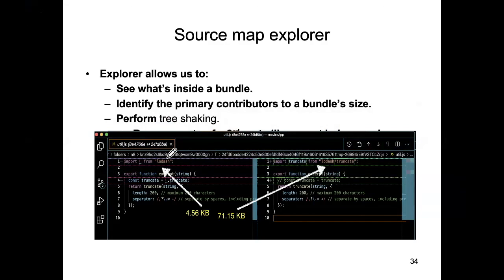If I import the entire module, that means my bundle is going to contain 71 kilobytes consumed by this large third-party module, even though I only need a part of it. Whereas on the right, we imported the particular part that we needed, and thus we were only adding 4.5 kilobytes to our bundle, which is a significant difference.